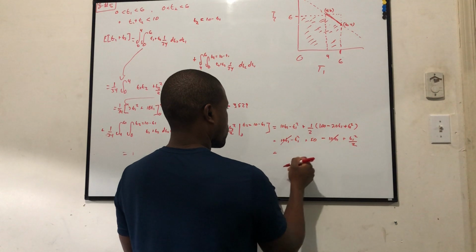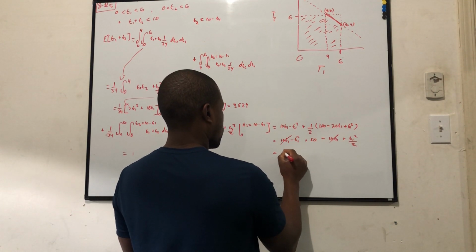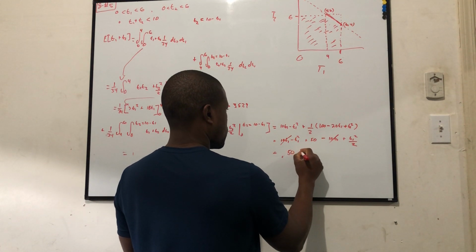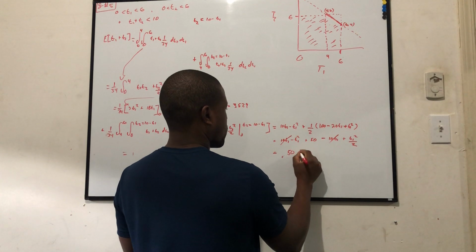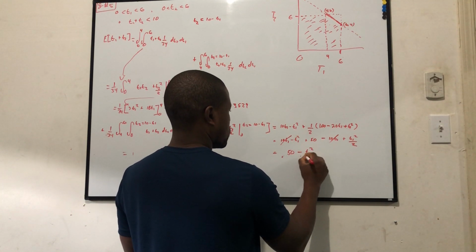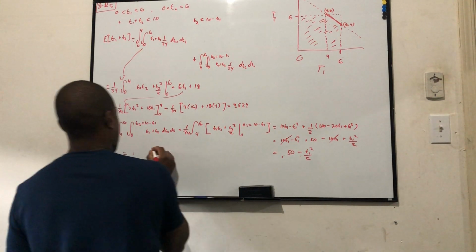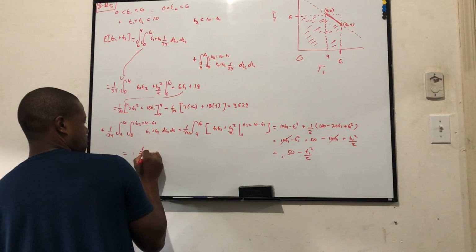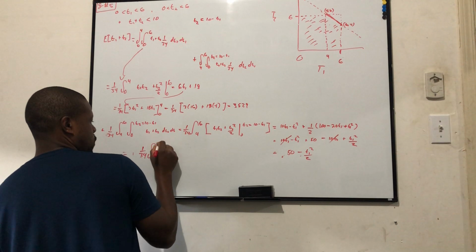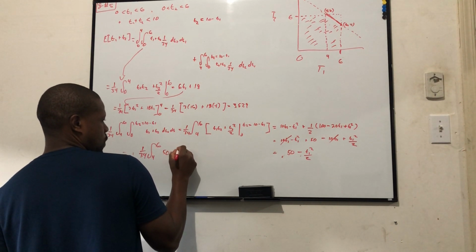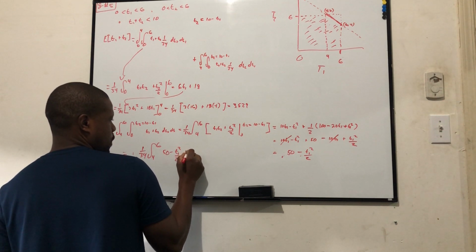That goes away, that goes away. And then it'll be 50 plus minus T1 squared. All right. So throw that back over here, which would be 1/34, 4 to 6 of this 50 minus T1 squared over 2.